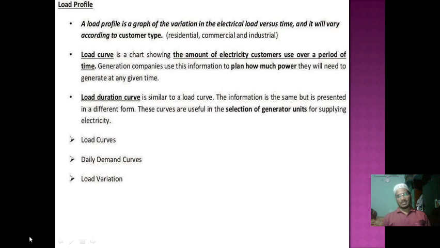Load profile is nothing but the variation of electrical load versus time: how much load is applied and how much time is taken to generate the power. That is the load profile.